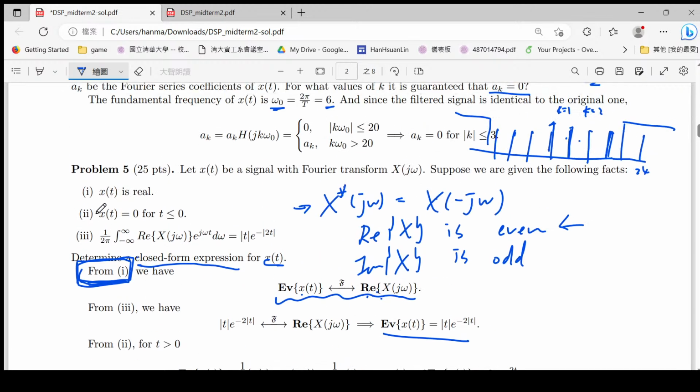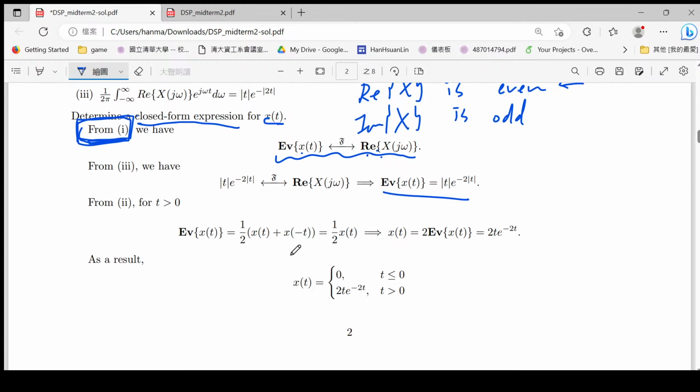And then finally we need to use the second condition. The second one says that x of t is 0 on the t less than 0 side, and it is something on the positive side. And if you take the even part of this, it looks like this, e to the minus 2t.